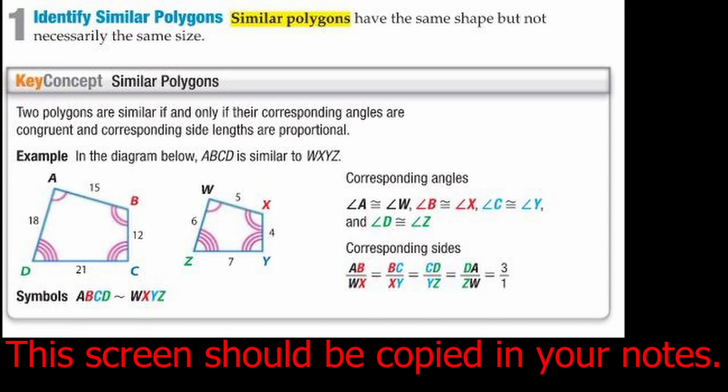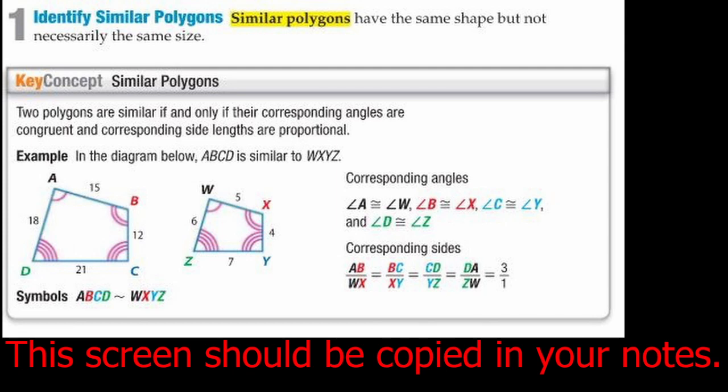Then they make a fraction with the next two sides, BC, which is the second and the third letter in the similarity up there, and XY, which is, if you go to the other polygon, the second and the third letter. So we do BC over XY.